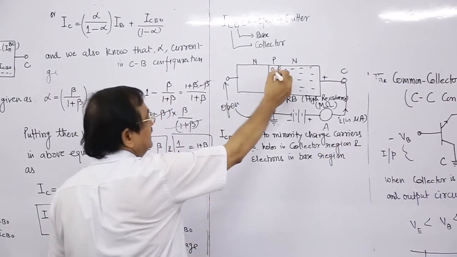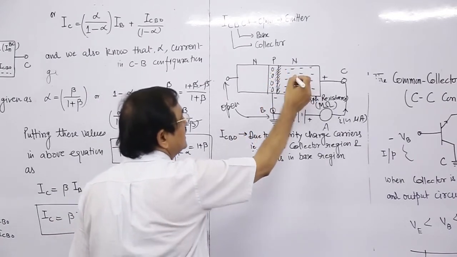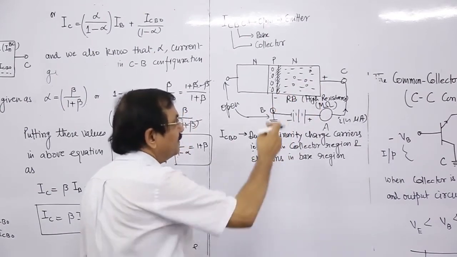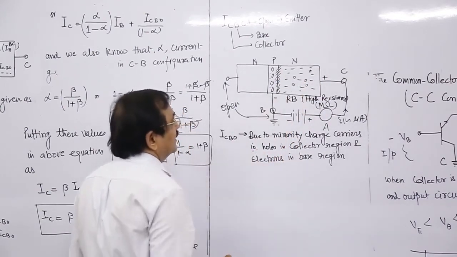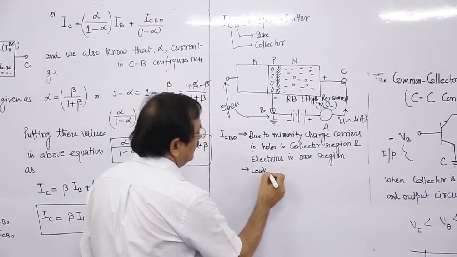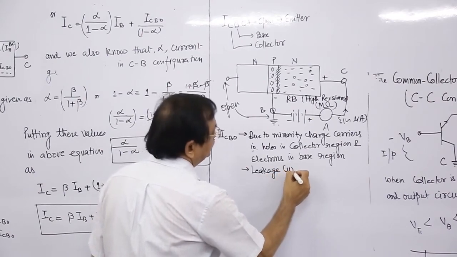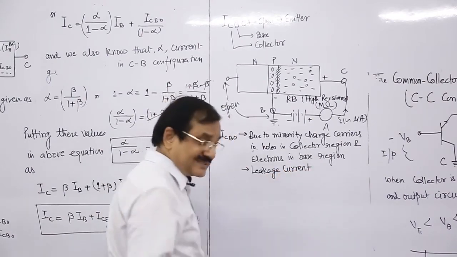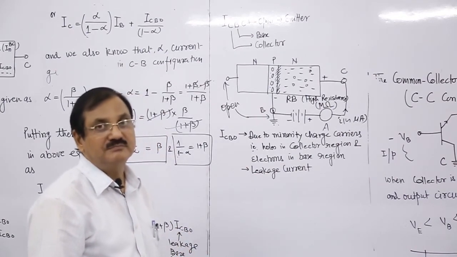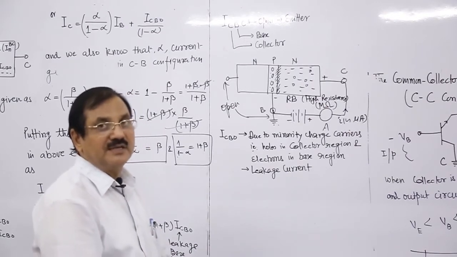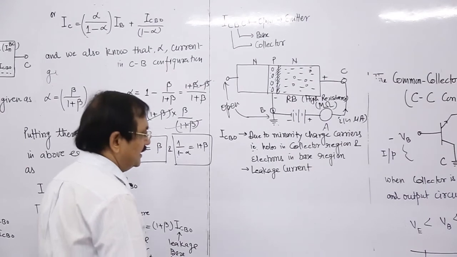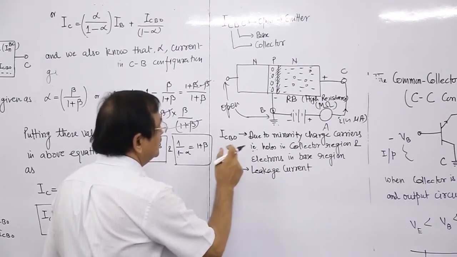In this base region, the electrons are the minority charge carriers, and here the holes are minority charge carriers. This is the current which is termed as leakage current. This leakage current is very sensitive to temperature, because the minority charge carriers gain energy from the temperature of the system.